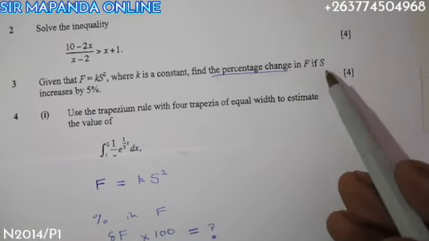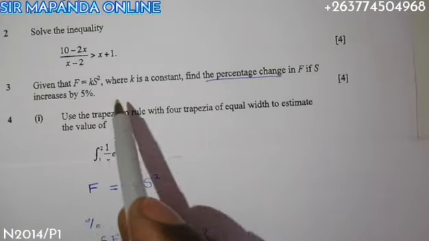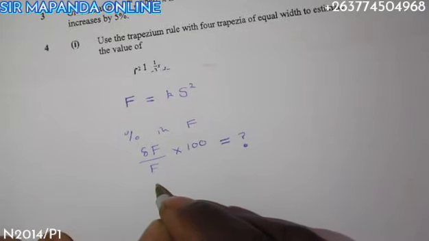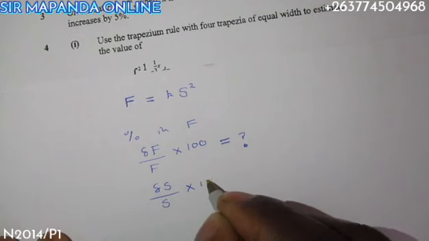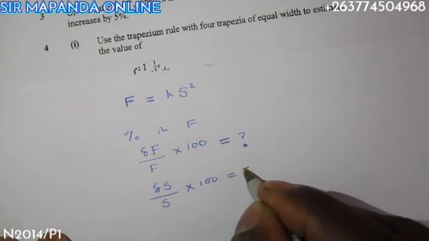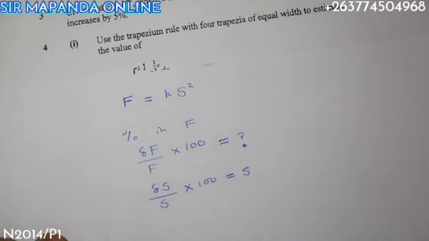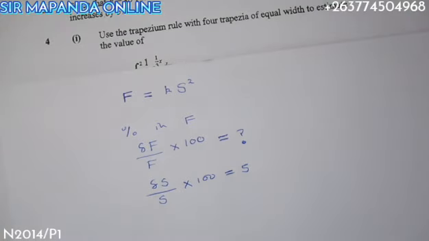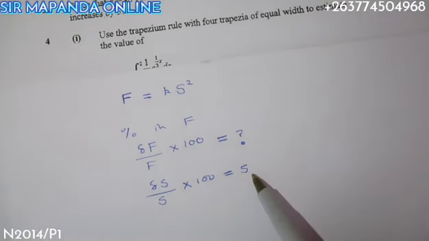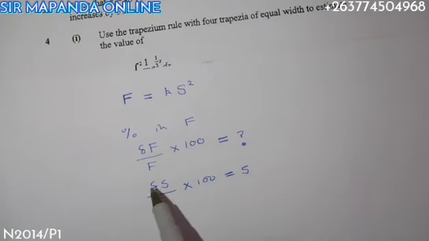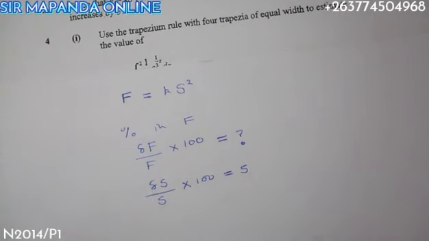Then we are also given that s increases by 5%. It means delta s over s times 100 is equals to positive 5. Since they are saying increases by 5%, you don't write 5% on the right side. Since you have multiplied by 100, just write 5. So I want to make delta s the subject of the formula.